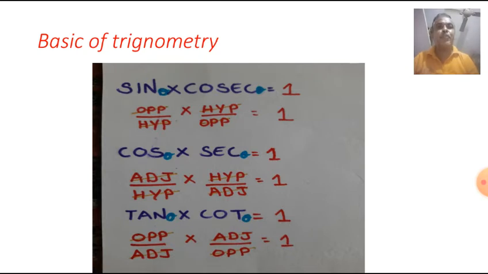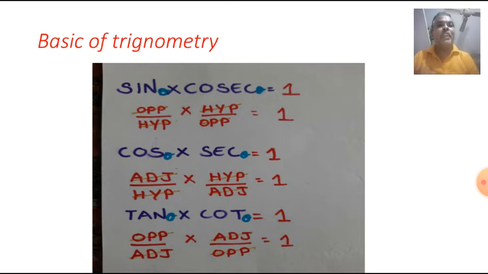It is clear. Secondly, cos theta into secant theta is 1. Cos theta is the ratio between adjacent side and hypotenuse side into secant theta is the ratio between hypotenuse side and adjacent side. Adjacent will cancel with adjacent and hypotenuse will cancel with hypotenuse. Result is 1. So it is clear cos theta into secant theta is 1.